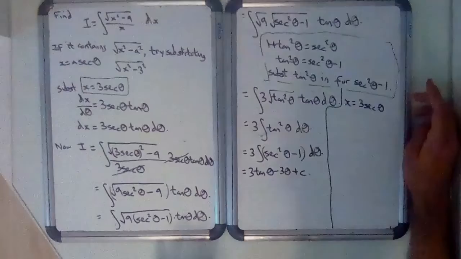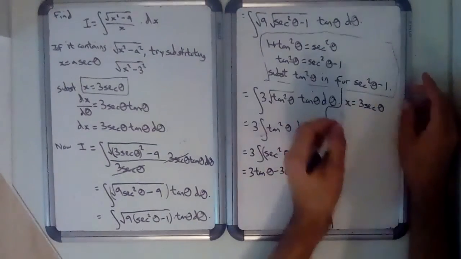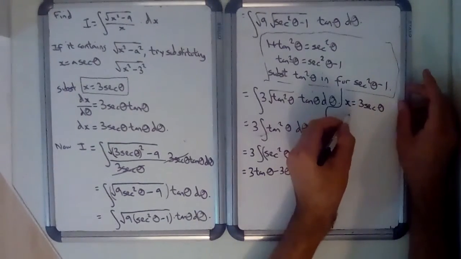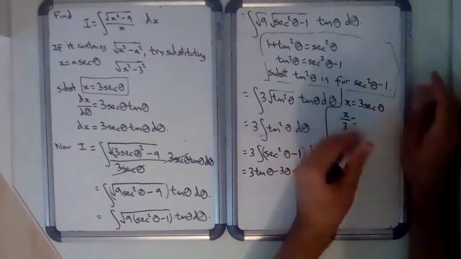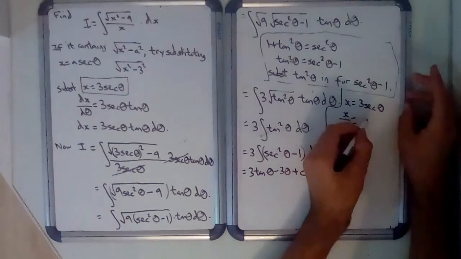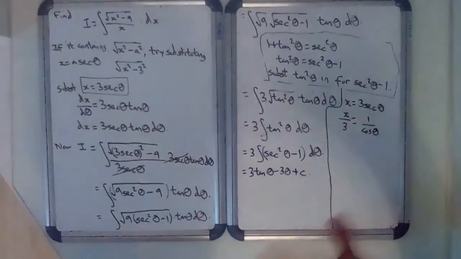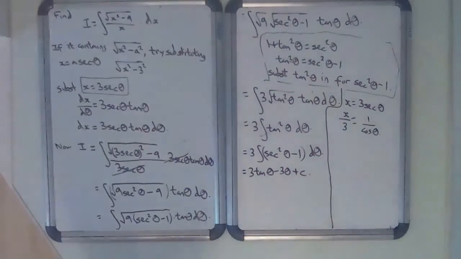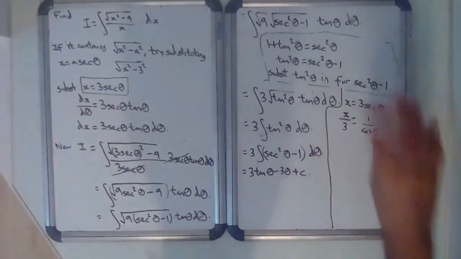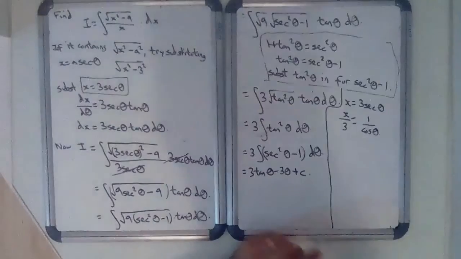Well, you know that sec is 1 over cos, so x over 3 equals sec theta. Well, sec theta is 1 over cos theta. If we take the reciprocals of both sides, then that says that cos theta equals 3 over x.